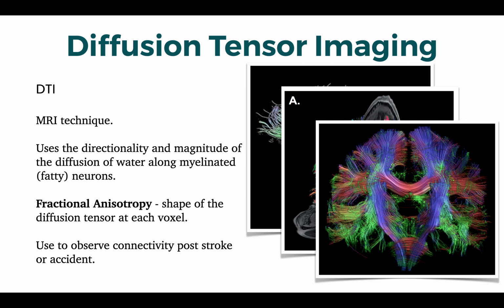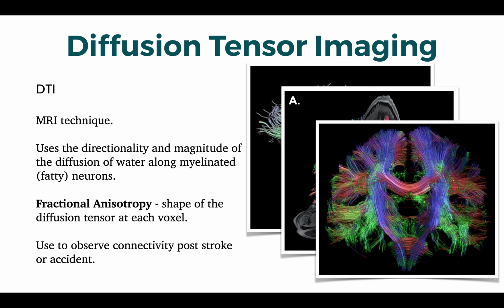It has a really great clinical application in that you can look at connectivity after a stroke or an accident, and connectivity is very important. Remember, I said you can cover your eyes and assume that your eyes are completely responsible for vision, but that's not the case, because your eyes are connected to this huge visual system that takes care of a whole lot of different things, way beyond what your eyes are capable of doing.